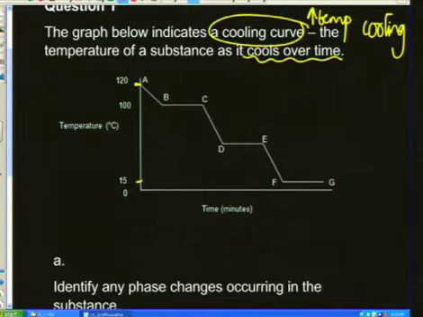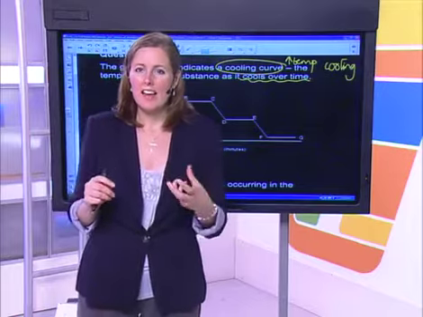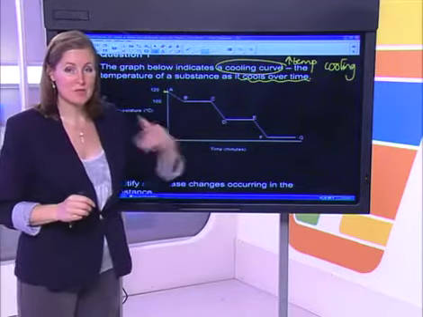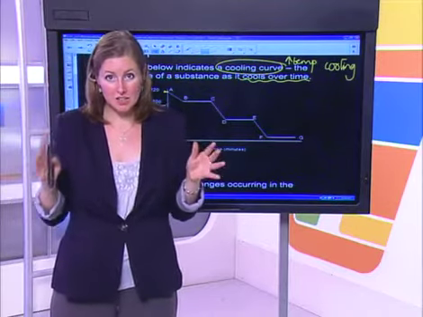So over time it's cooling, but what I need you to recognize is that over the time it's going through some possible phase changes, and we can identify that because of those horizontal lines. Remember, during a phase change, the temperature remains constant.